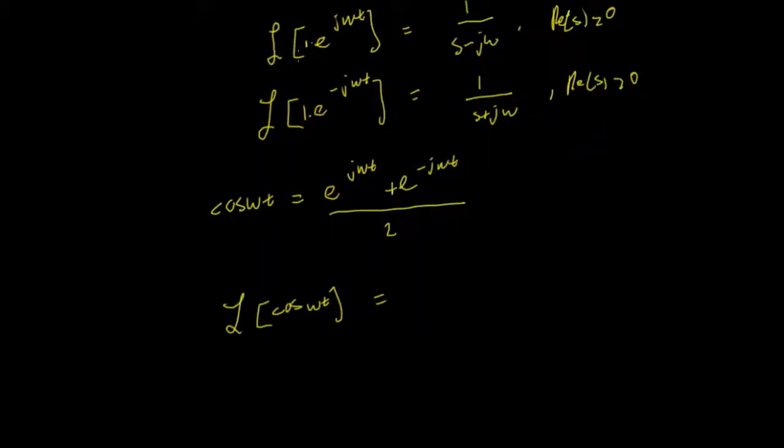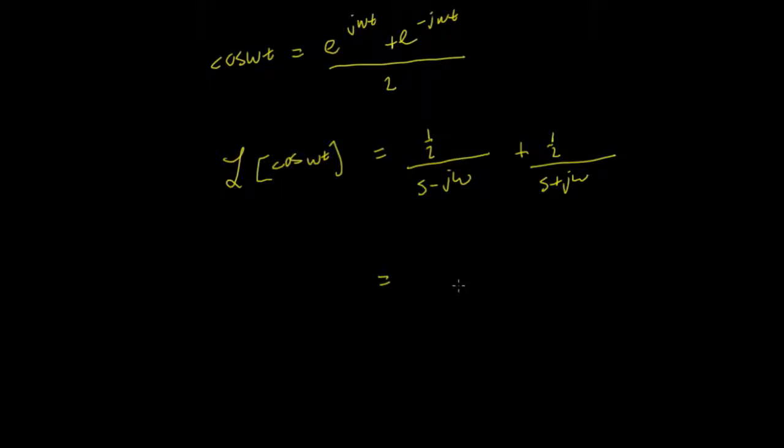So we're replacing the 1 here with a half, which gives us a half over s minus j omega plus a half over s plus j omega.